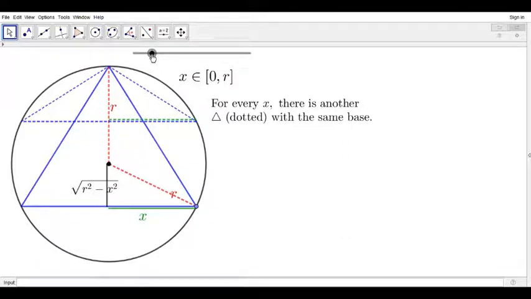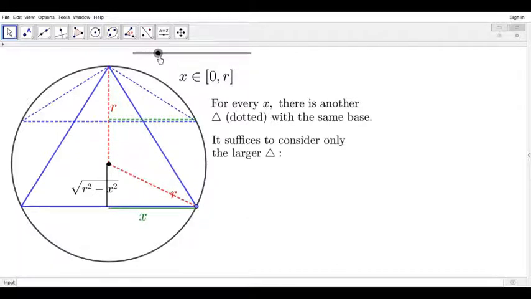And because they have the same base, and the problem is asking us to find a triangle with the largest possible area among those inscribed in the circle, which are isosceles, if you pair up all these twins, with one of them having the smaller area and one of them having the larger area, then it suffices to take only the twin with the larger possible area and ignore the one with the smaller area.